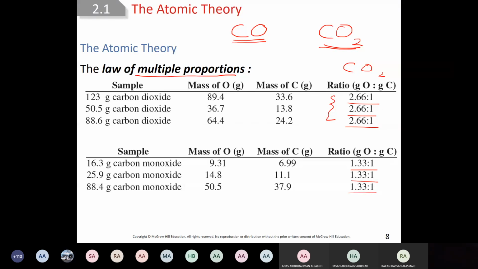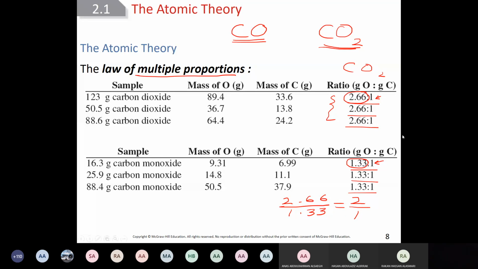So if we take the ratio that reacts with 1 gram of this one, which is 2.66, to the amount that reacts with 1 gram in this case, 1.33, then what's this ratio? 2 to 1, and it is a simple ratio.